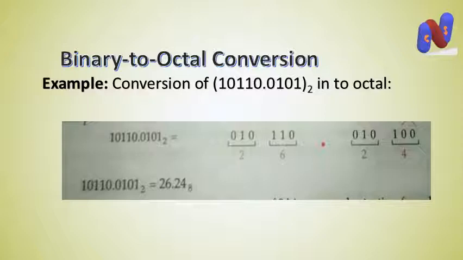So the value of 100 will be 4, the value of 010 will be 2, and when we go to the left side of the binary number, we get 110, which is equal to 6, and 010, which is equal to 2. So when we group these particular numbers together, we get the octal number 26.24.